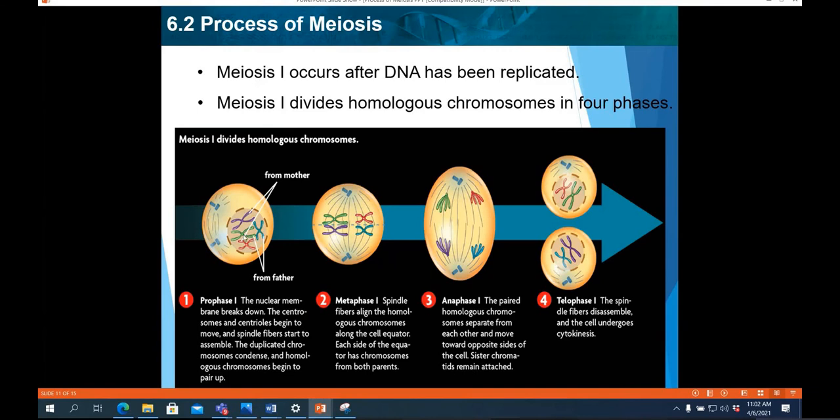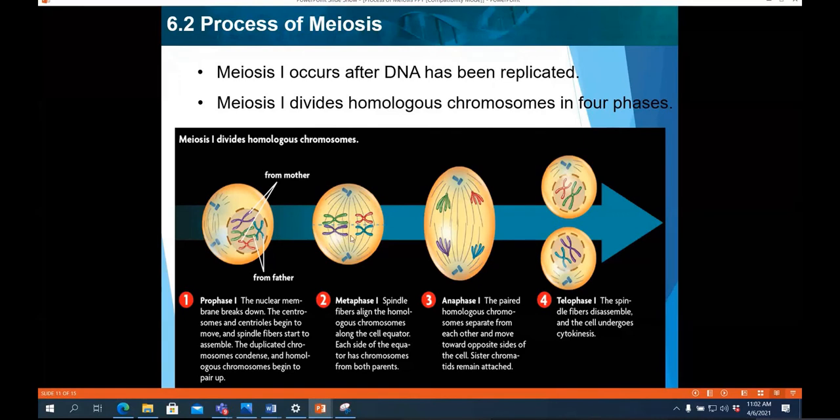These centromeres, which are connecting the sister chromatids of each homologous chromosome, are still intact. They are going to divide in meiosis 2. But we are talking about the centrosomes and the centrioles over here. They begin to move apart.